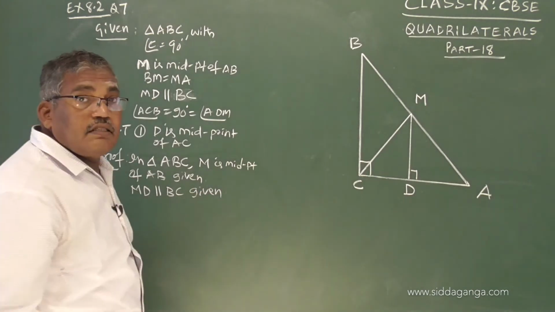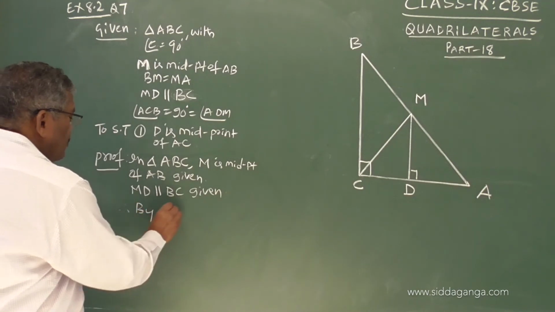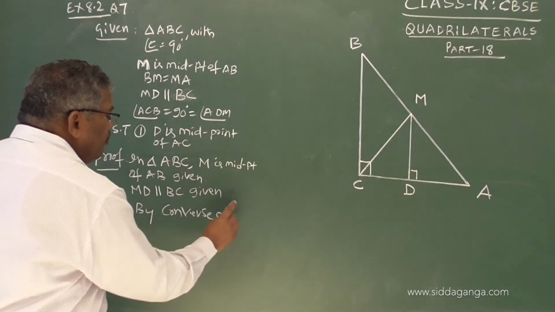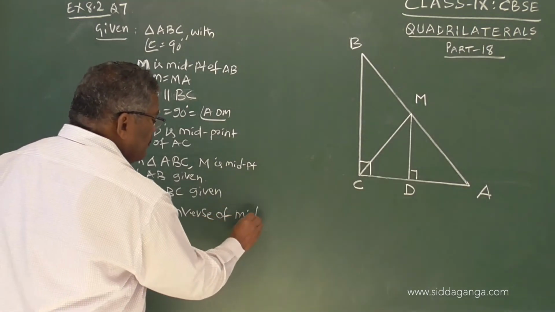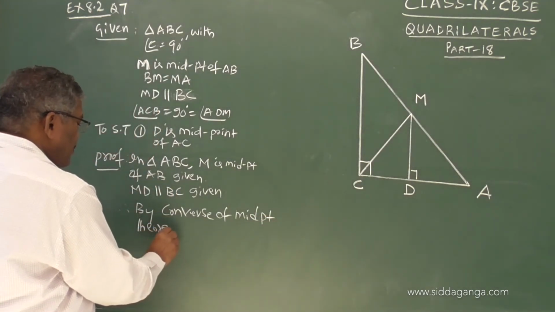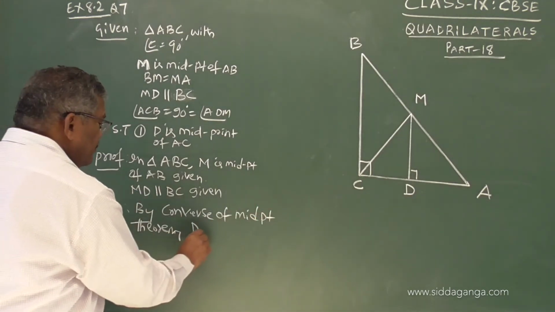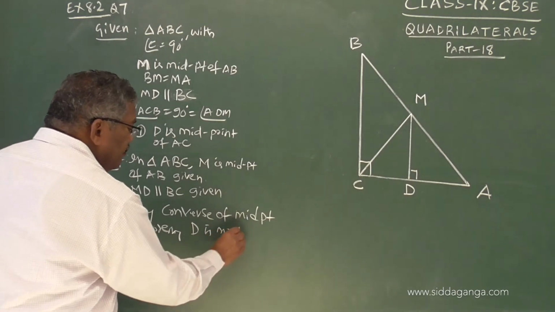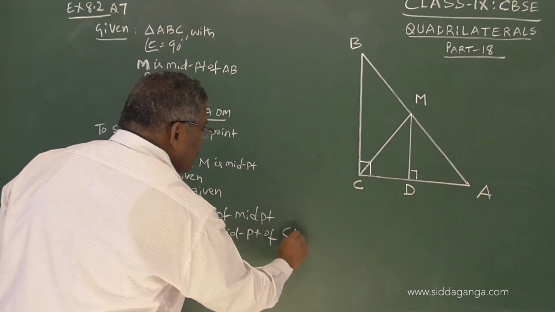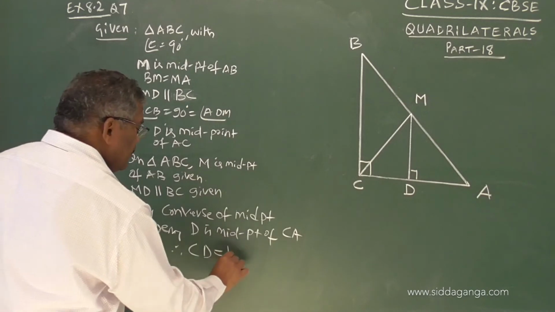So therefore we can write simply the conclusion: therefore by the converse of the midpoint theorem, D is the midpoint of CA. So therefore CD equals DA.